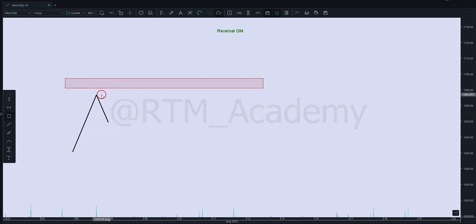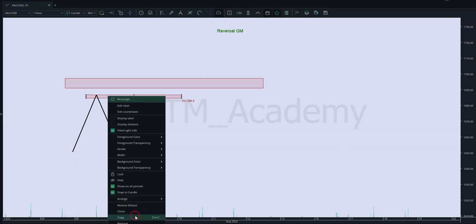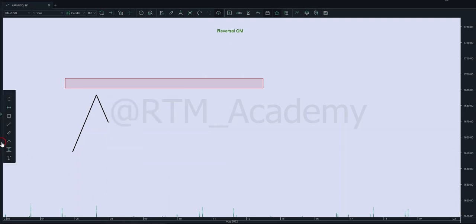So lots of traders think that it is a resistance, and they are going to make a trade here with the stop loss above this area. But what happened?